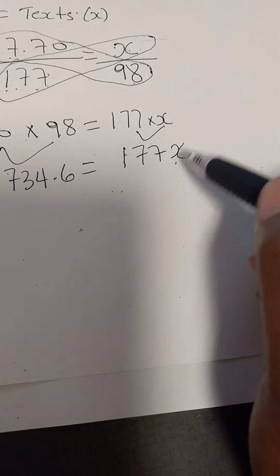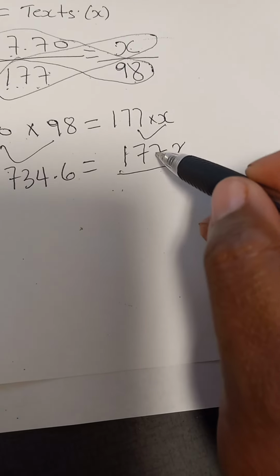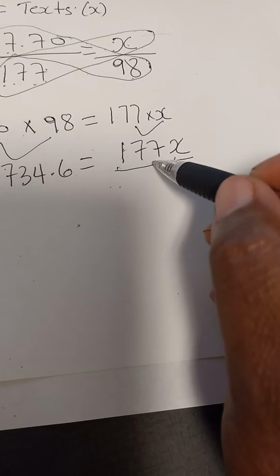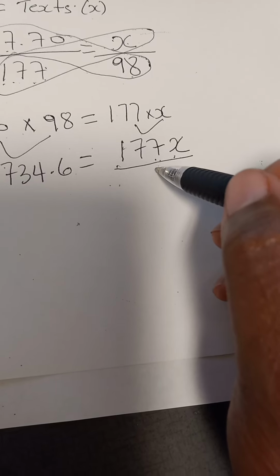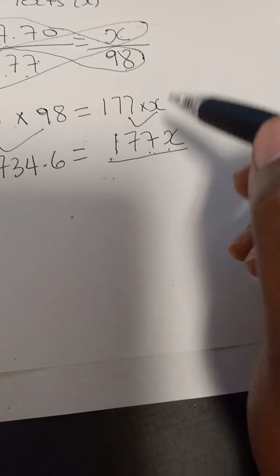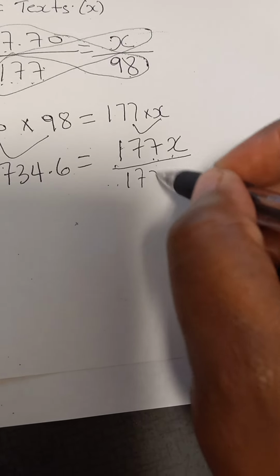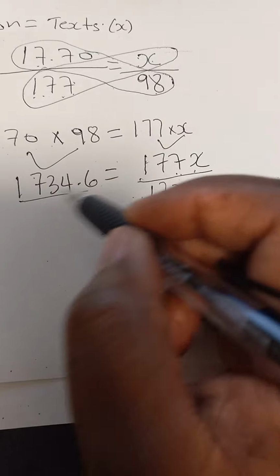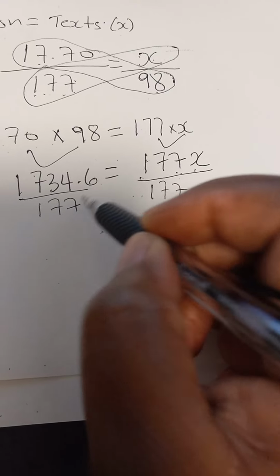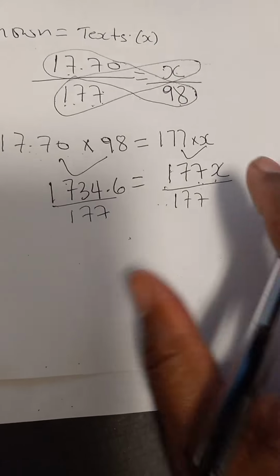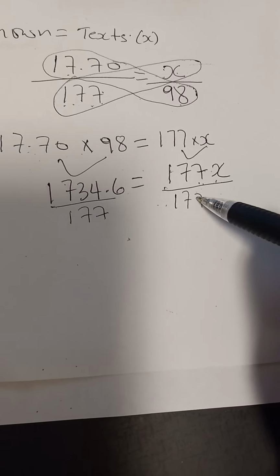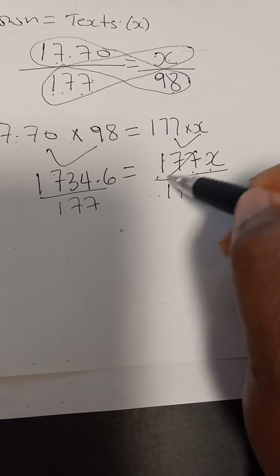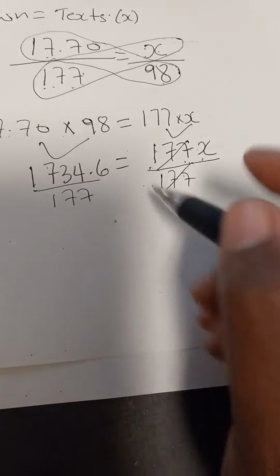We isolate x, so we're going to divide. Remember the inverse operation: the opposite of multiplication is division. So here we divide both sides by 177, right? We just undid the multiplication by using division, and we're going to simplify.